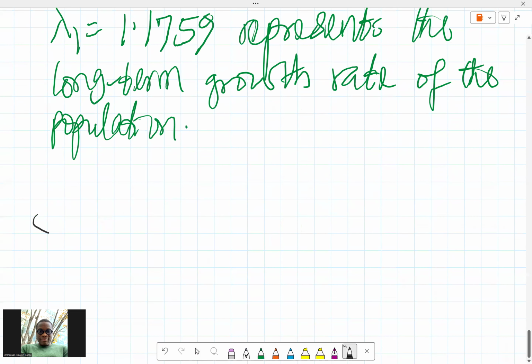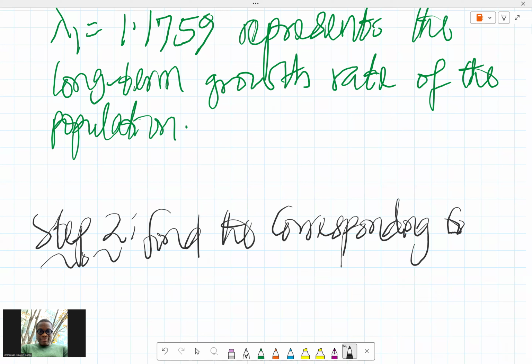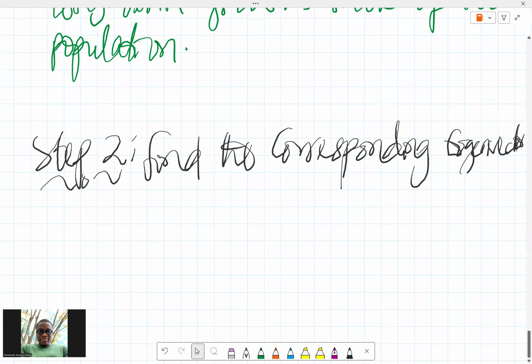Step 2, we have only found eigenvalues. The eigenvectors also have an impact on the population. So we have to find the corresponding eigenvector to the dominant eigenvalue. We don't need the other ones because the dominant eigenvalue tells us all the story we need.